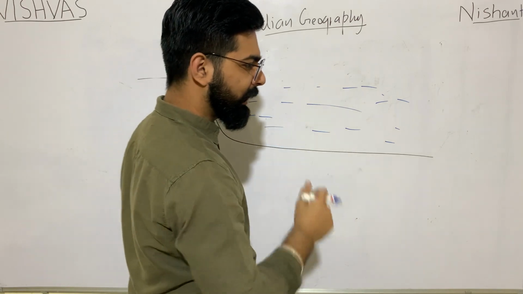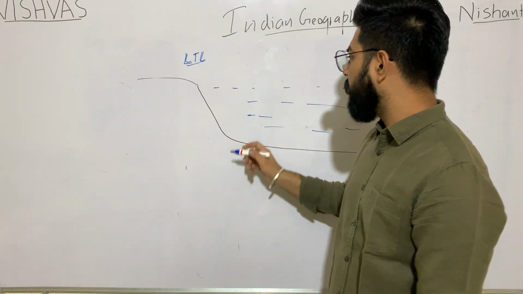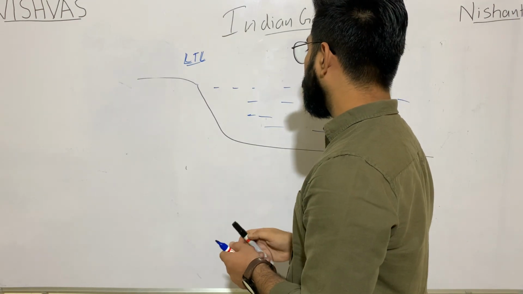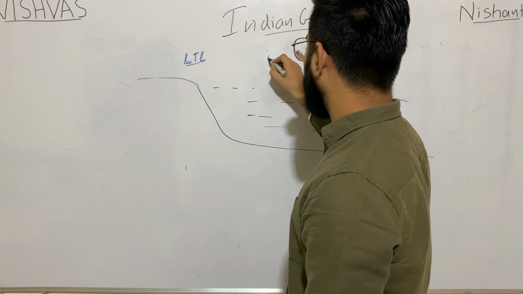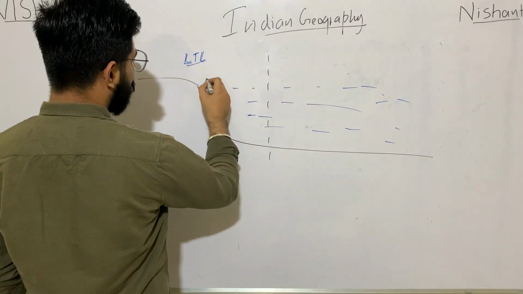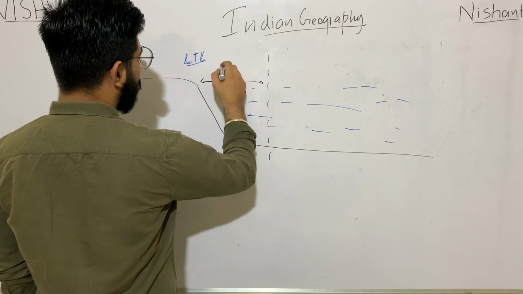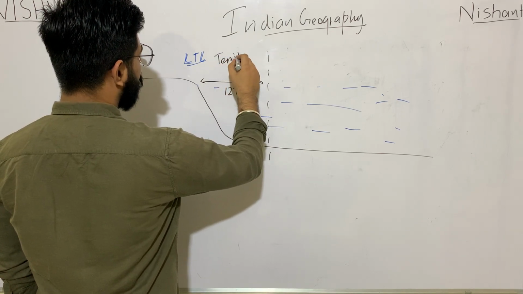We know what is high tide and what is low tide. So from the low tide line till 12 nautical miles we have territorial waters.